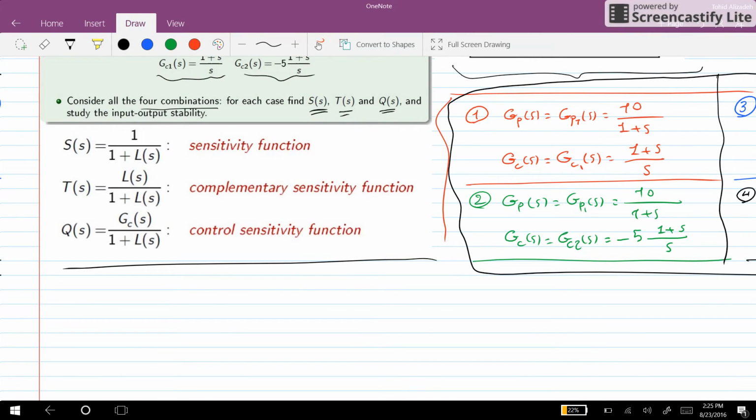So in the first case, I need to find out S, the sensitivity function, which is 1 over 1 plus Ls.